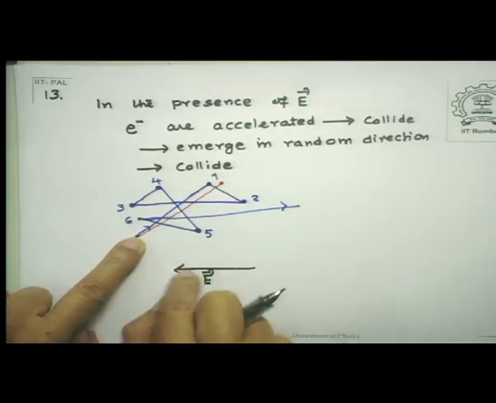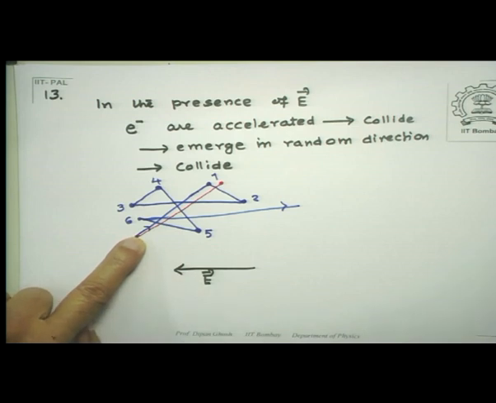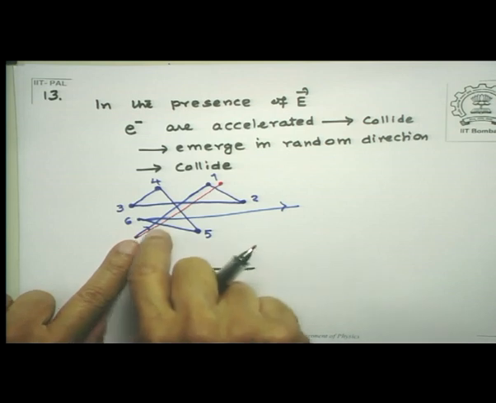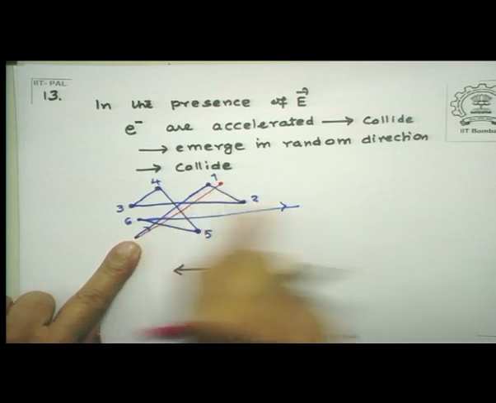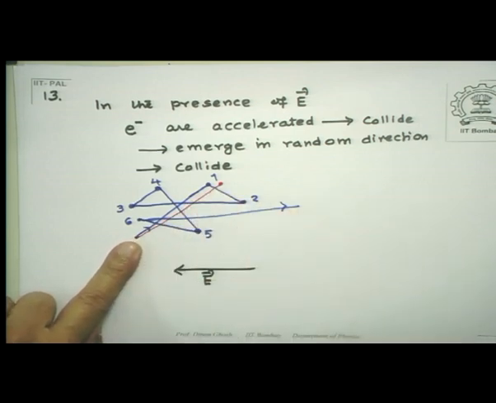So it is very similar to what happens to a projectile when you throw it in an arbitrary direction with gravity in a particular direction. You know that the trajectory is a parabola. But the only problem is that in this case my electron velocities are very large and the electric field that I apply is not that big.